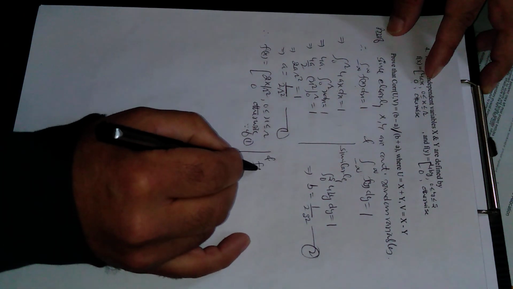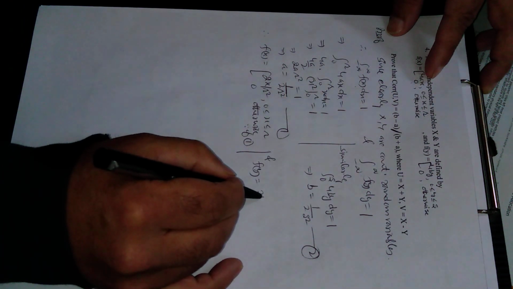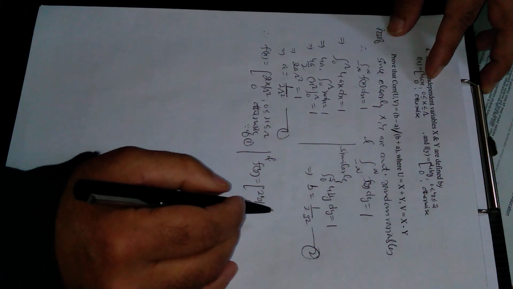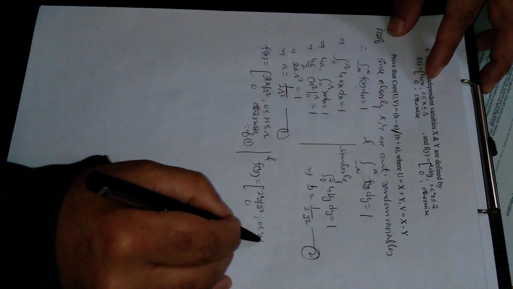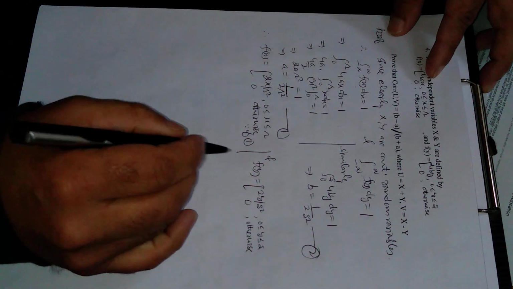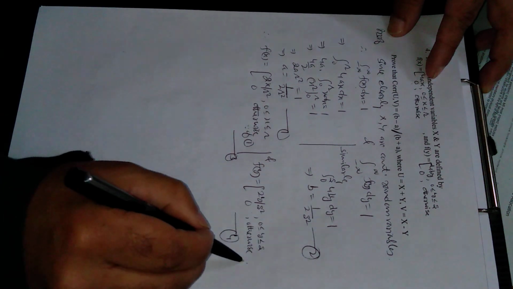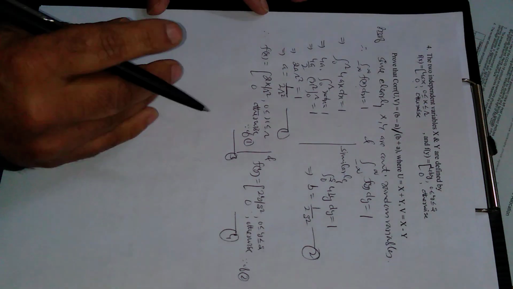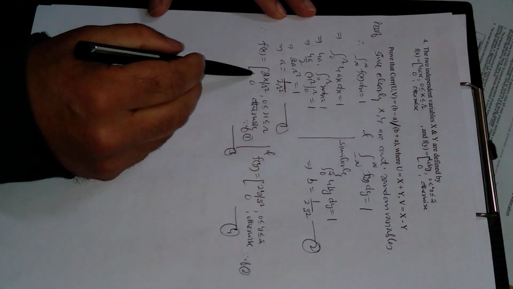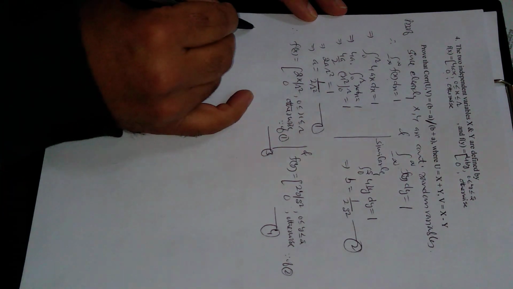And the density function with respect to y, substituting the value of b from equation 2, will be 2y upon s square, provided y lies between 0 and s, and 0 otherwise. Let us call these the third and fourth equations, and this result is because of equation 2. So these are the density functions after substituting the values of a and b, the density function with respect to x and the density function with respect to y, as given.